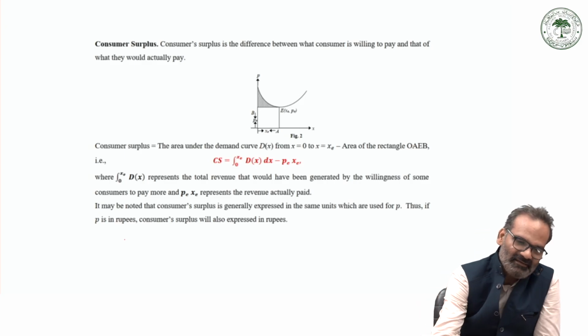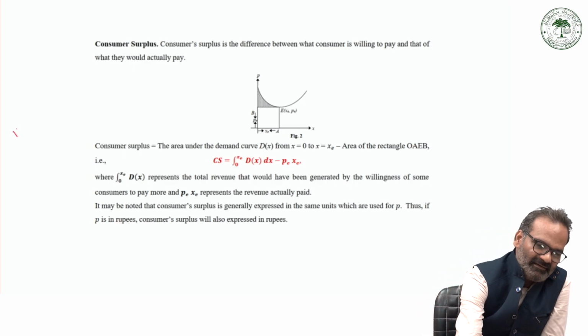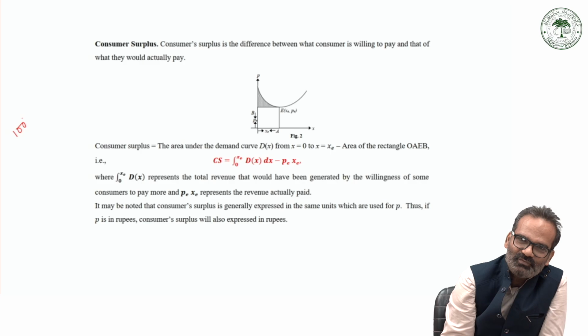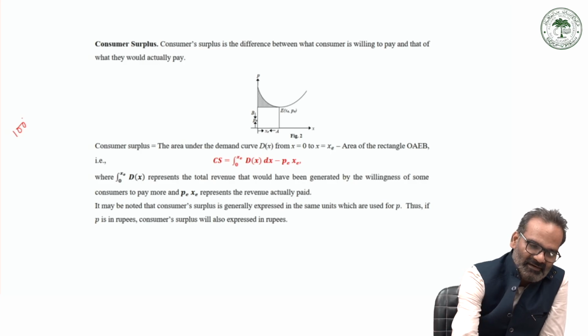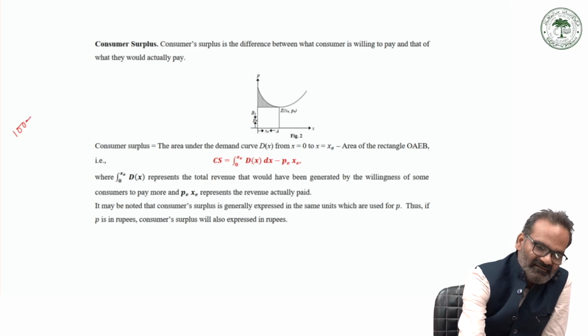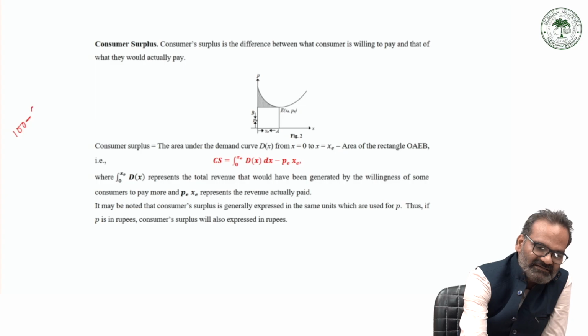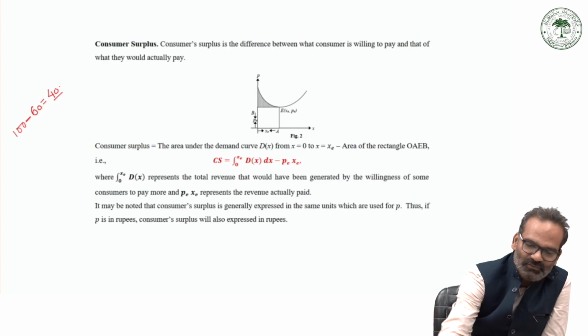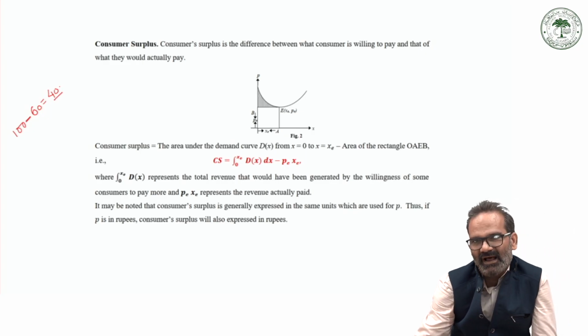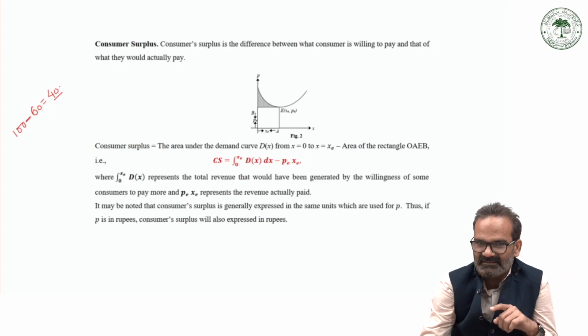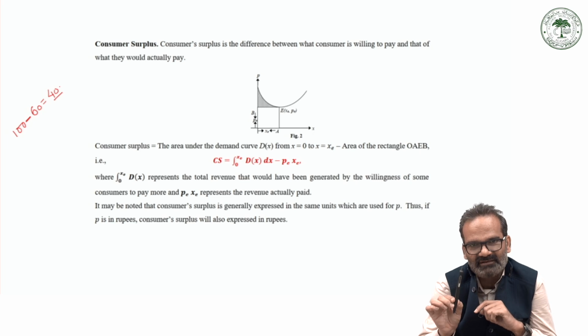So what would happen? You are willing to pay 100, but due to any reason, maybe perfect competition in the market or anything else, you are getting the same pen for 60 rupees. So the difference of these two, that is rupees 40, is known as the consumer surplus for a single product.